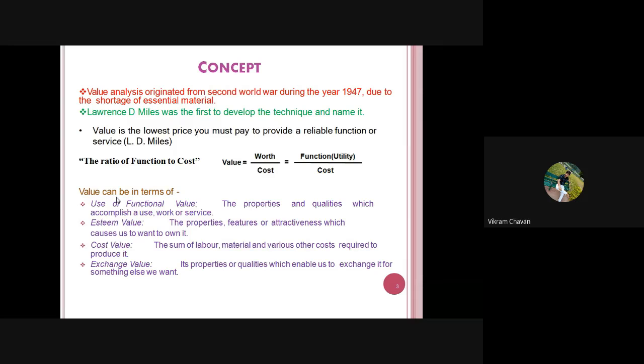So we can say that the valuation of anything is never constant and it goes on changing.